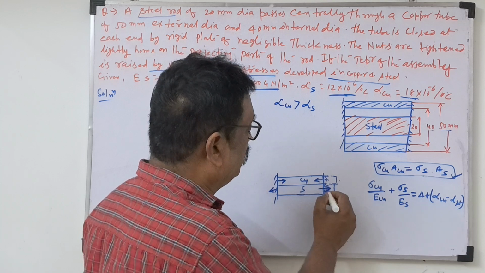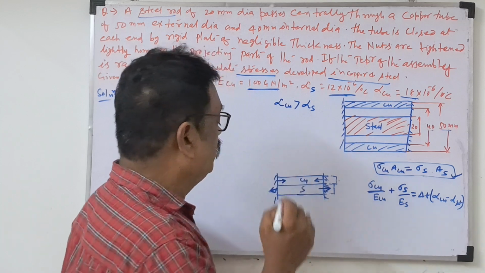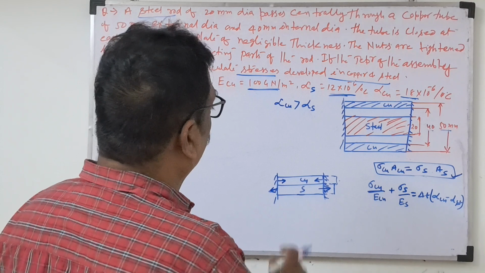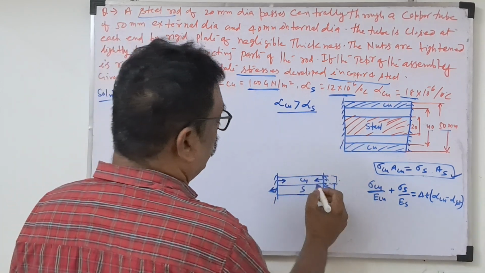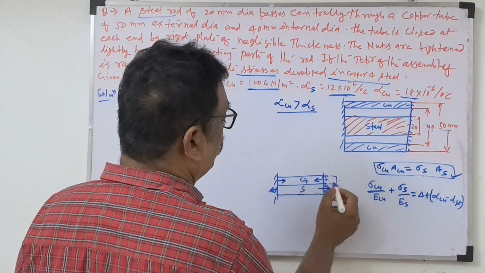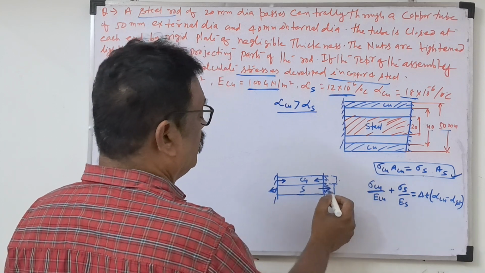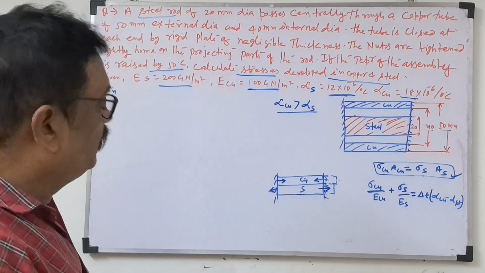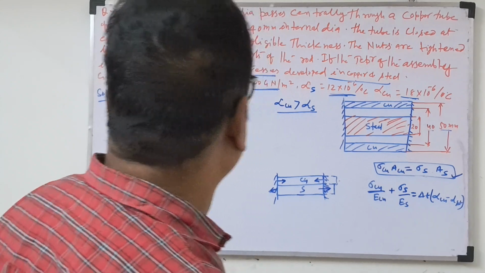This way, tensile stress will develop. So the copper bar has compressive stresses and the steel bar has tensile stresses. Based on this concept, we are going to solve now.